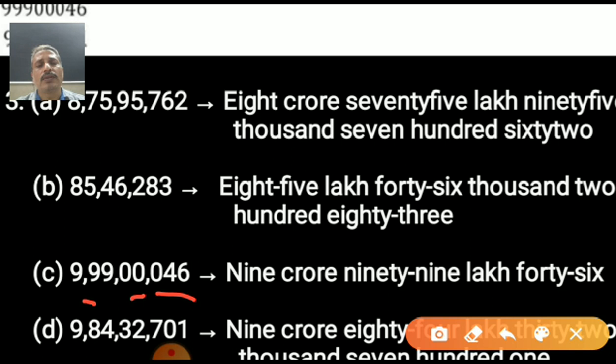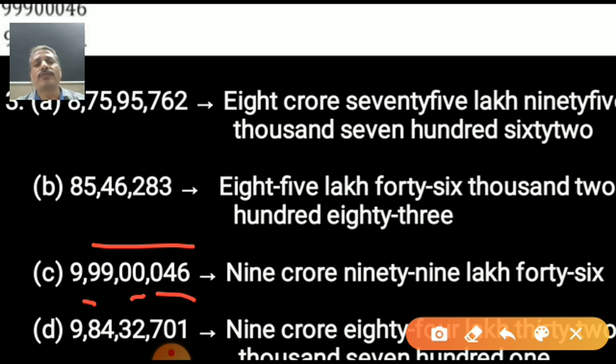Now check out the things. See, I will give you one trick to you. Check out the first number. After first number, how many numbers are there? There are 2, 4, 7 numbers are there. And we discussed just now. A 1 crore has how many zeros? 7. Good answer. 1 lakh? 5 zeros.